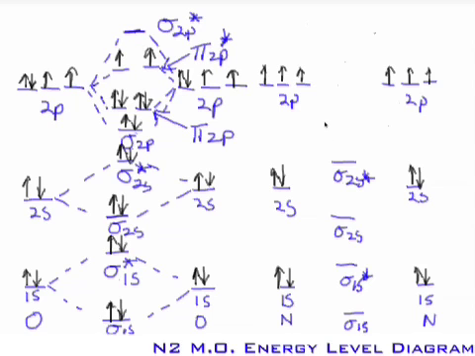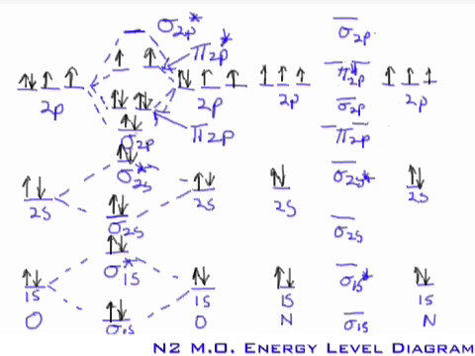We actually, before sigma 2p, get the 2 pi 2p's showing up. Then the sigma 2p, followed by the pi star 2p, and then up on top the sigma star 2p. So it's as if these pi star and pi 2p all shifted down slightly, so the pi 2p shifted down past the sigma 2p.